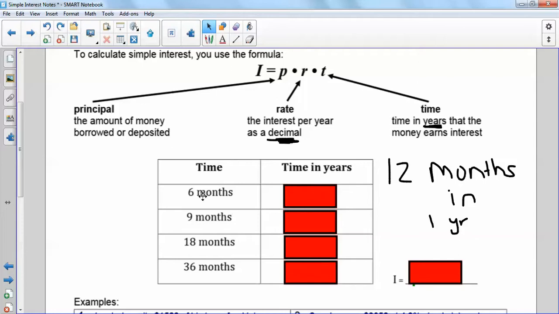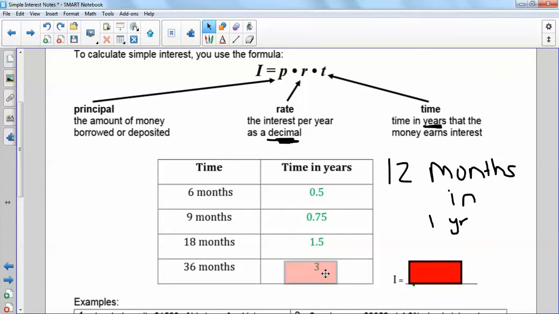So 6 months, 6 divided by 12 is 1/2, right? It's 0.5 in years. 9 months, 9 out of 12 is 3/4 or 0.75 years. 18 months, well, 18 over 12 is 1.5, so it's 1.5 years. 36 months, 36 over 12 is 3 years.